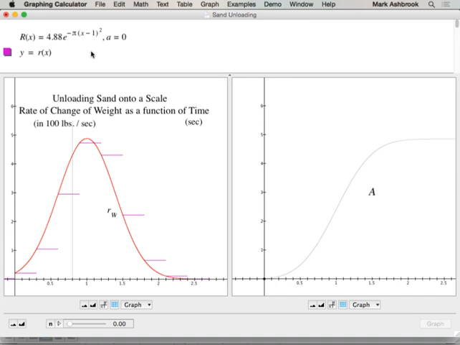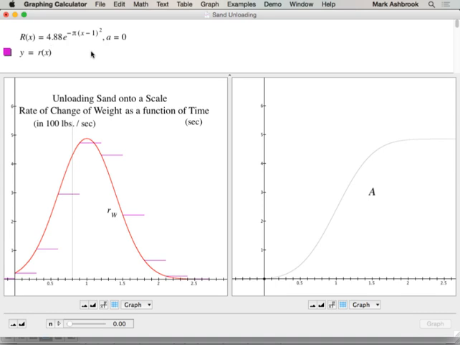Questions, comments? I have a question about your graph. So you're saying that a truck can be unloaded in 2.4 seconds. Yeah. That's not even 500 pounds of sand. That's not very much sand.